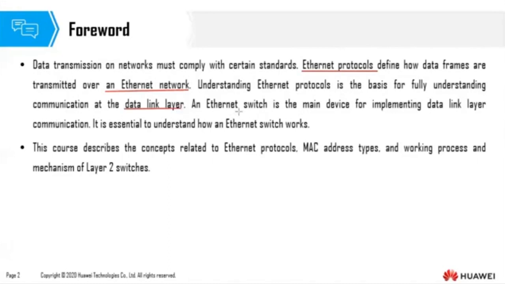So an Ethernet switch is the main device for implementing data link layer communication. It is essential to understand how an Ethernet switch works. So this course will describe the concepts related to Ethernet protocols, MAC address types, and working process and mechanisms of layer 2 switches. So that is what you're going to learn.